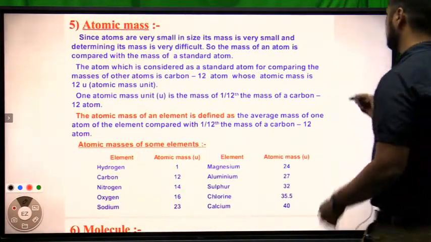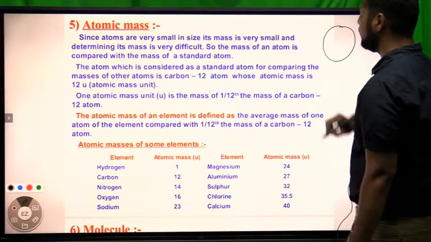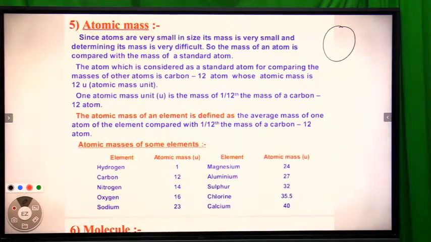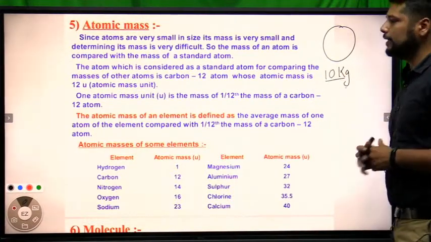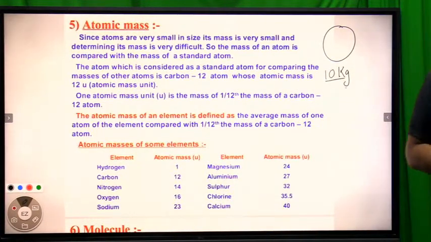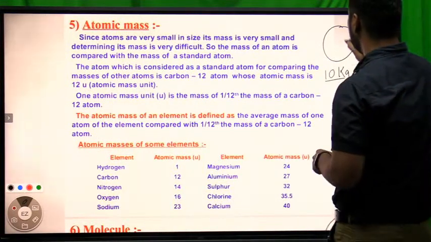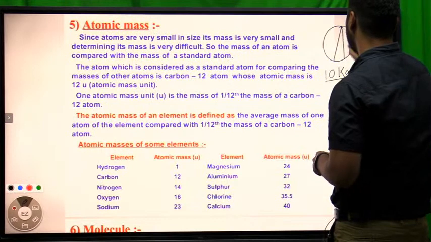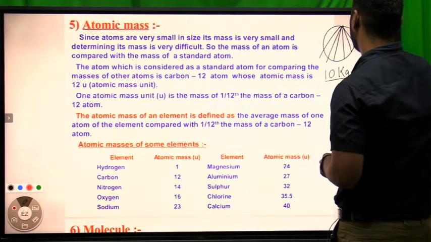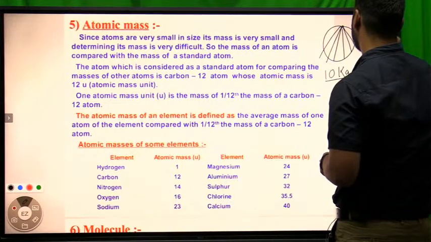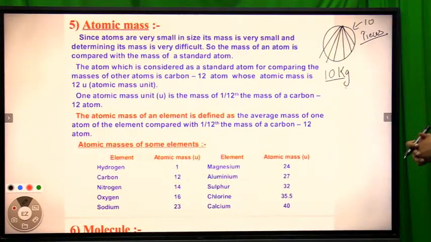Suppose a fruit seller has only one watermelon of 10 kg, and he doesn't have any weighing machine with him. So he divided that watermelon into 10 pieces of 1 kg each.